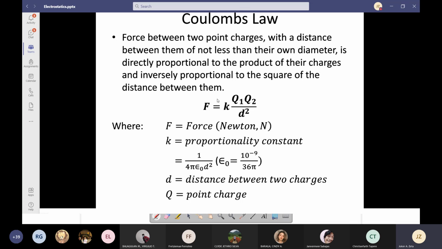So of course, unsa man ang force? So recall, let's say for example, if I have here a positive charge, okay, and then I have here another negative charge. So if this is a positive charge and negative charge, of course, they are opposing charges, then recall, they can create, sige, tawag ni, nalimot na lang ko.